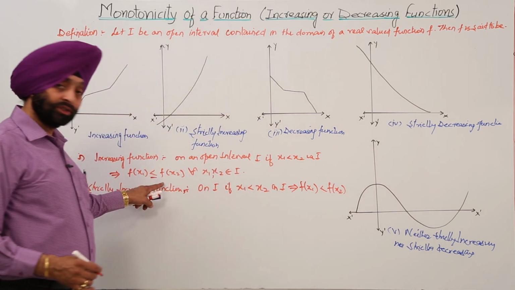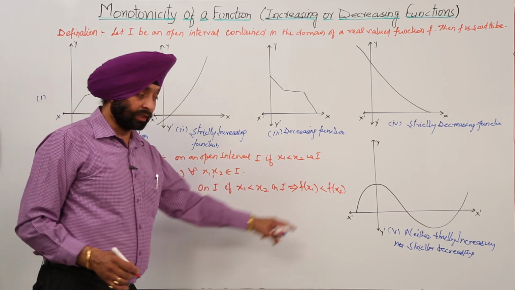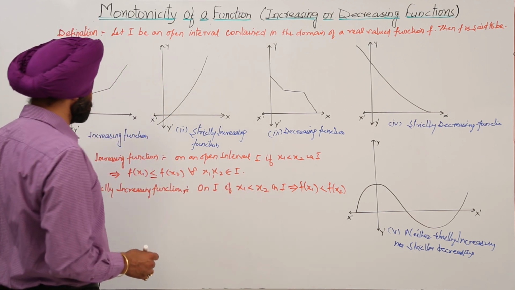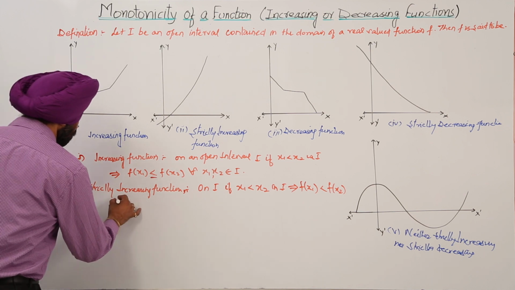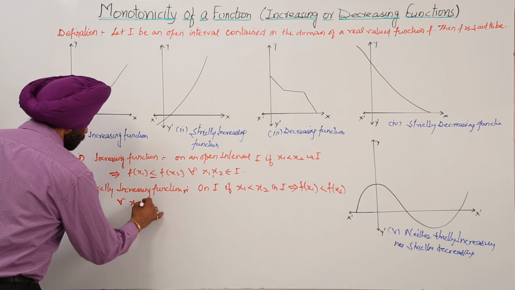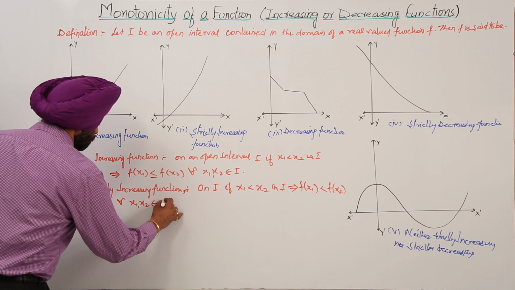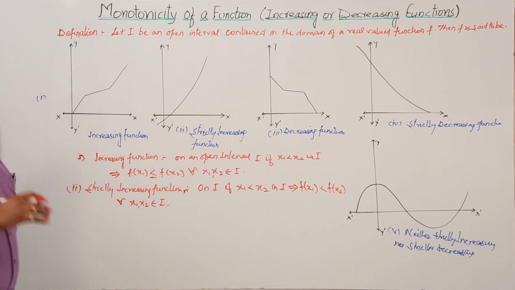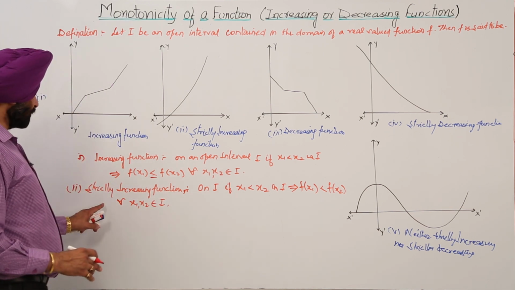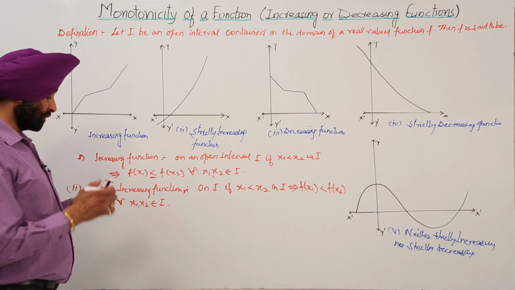Here it was less than or equal to, here it is only less than. If f(x1) is less than f(x2) for all values of x1, x2 belonging to I, then it is called strictly increasing function.